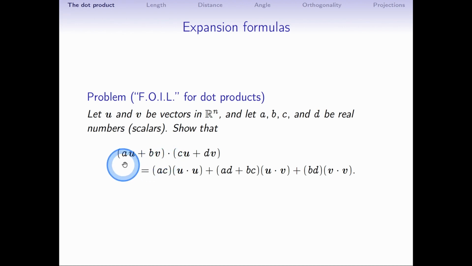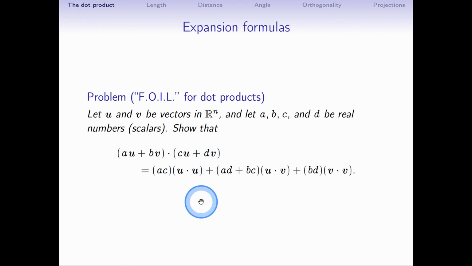Now, what I want you to do is step back and think of this as a binomial, like maybe ax plus by times another binomial cx plus dy. If you think about it that way, then you can imagine how the FOIL operation is going to look. I'm going to take au dotted with cu, au dotted with dv, bv dotted with cu, and bv dotted with dv.